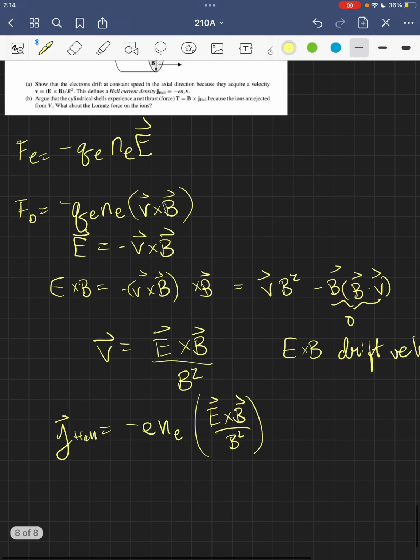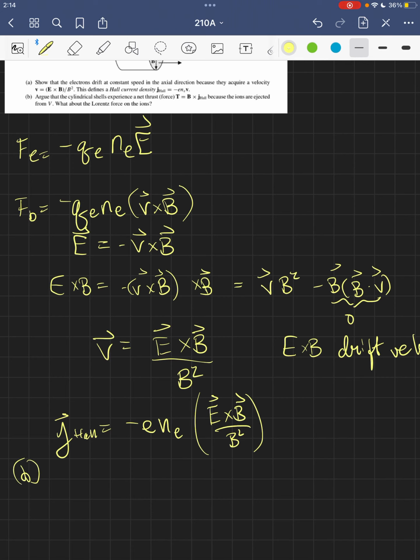Now for part B, we want to argue that the shells experience some kind of force because of the ions being ejected.